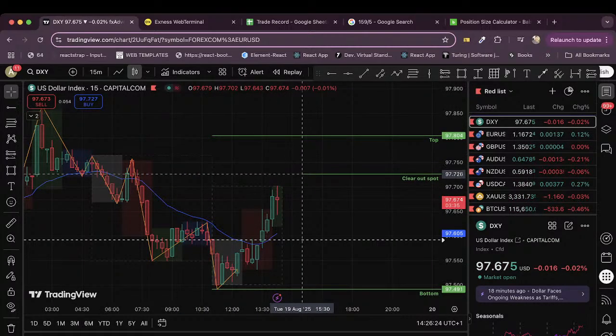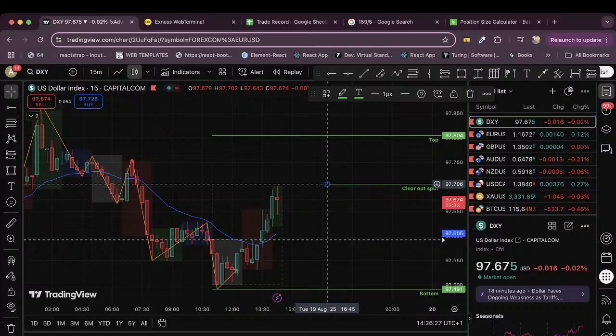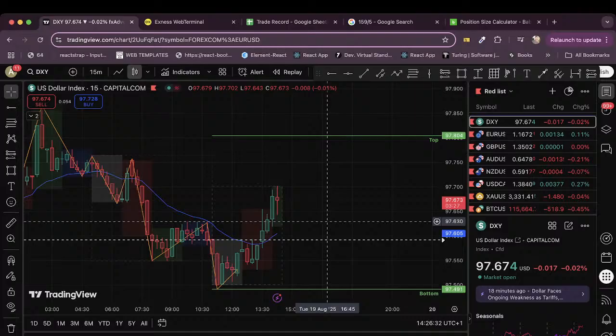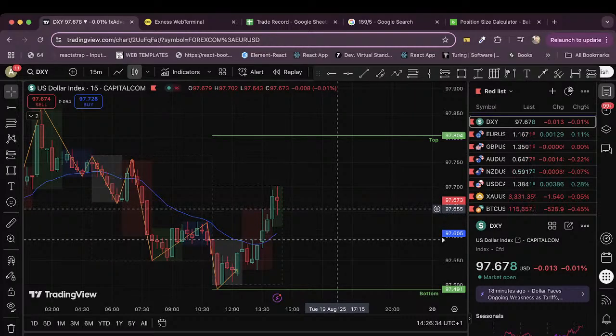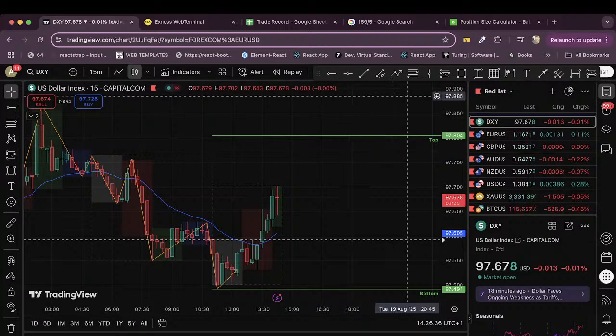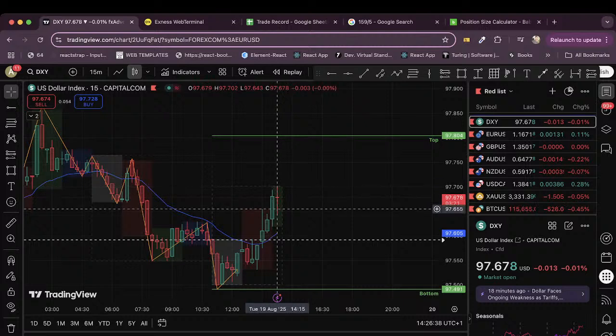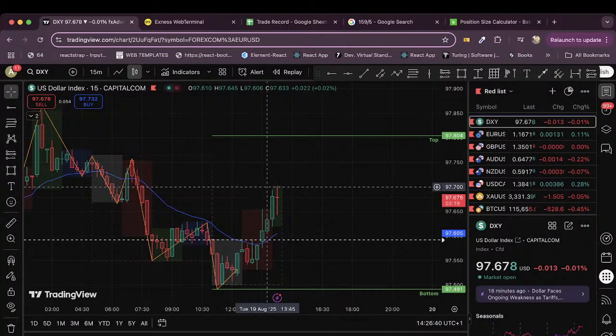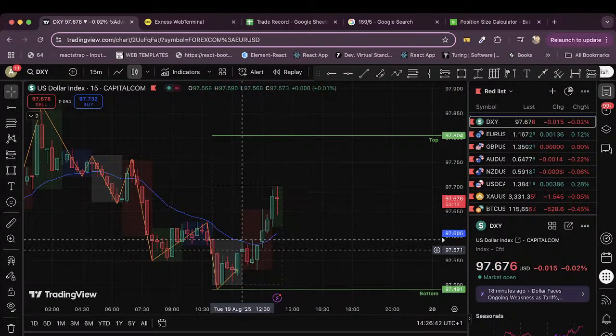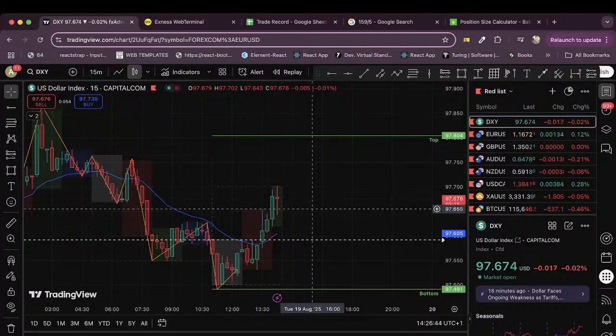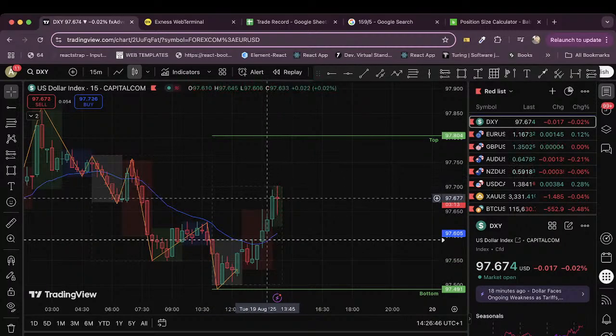For now, we don't have a definitive top. I will remove this clear out spot because the work we needed it for is already done. Until we see a reasonable pullback, that's only when we can add a top. For now, the top is not yet determined until we have an interesting swing formed there.